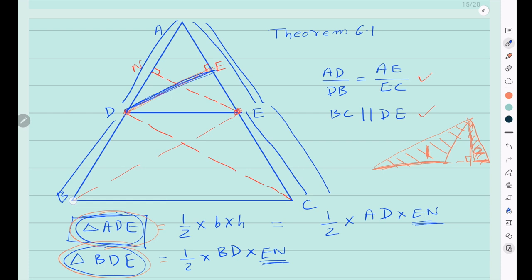Okay, so BC and DE are the two parallel lines. DE was drawn after we made the triangle. Then AD divided by DB will be equal to AE divided by EC. Okay, so that was the theorem. So we have proved it.